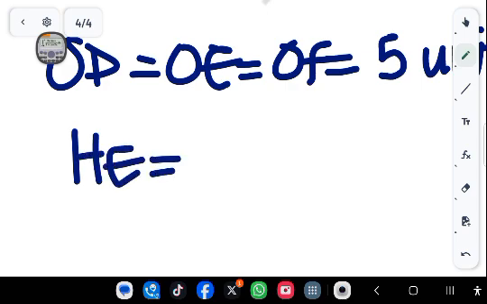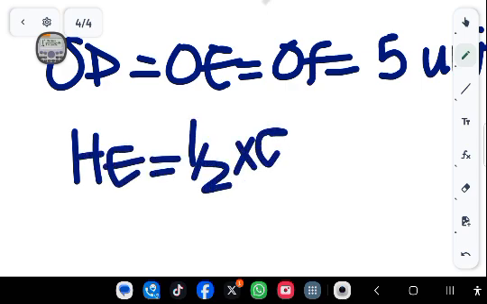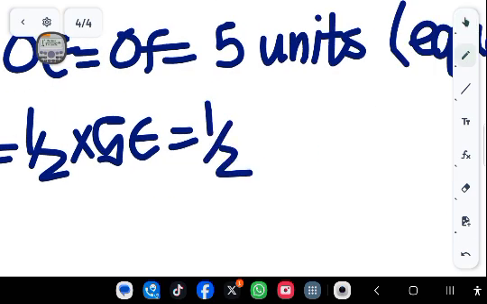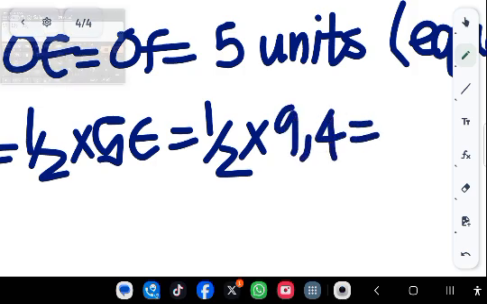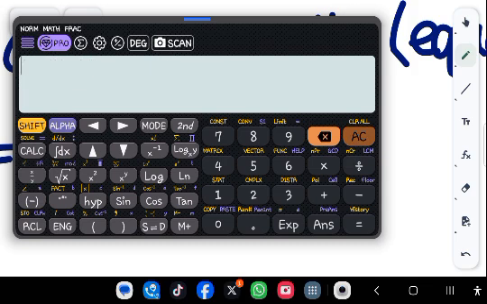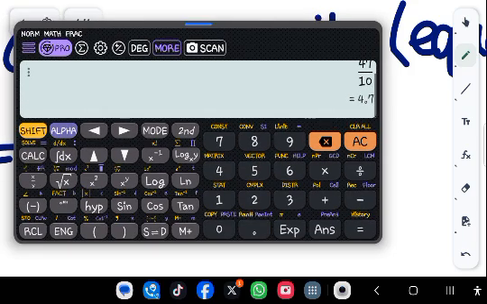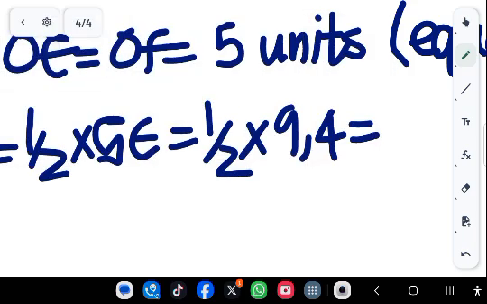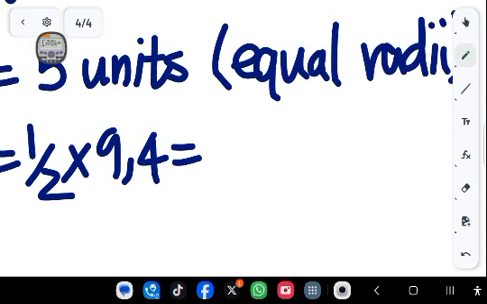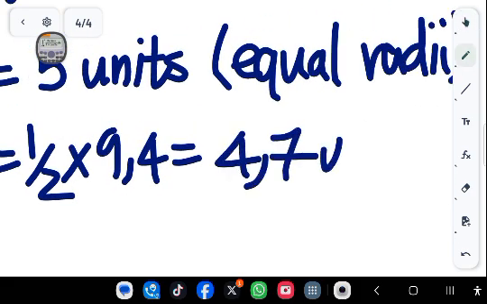HE equals half GE equals half of 9,4, which is 9,4 divided by 2. That gives us 4,7 units.